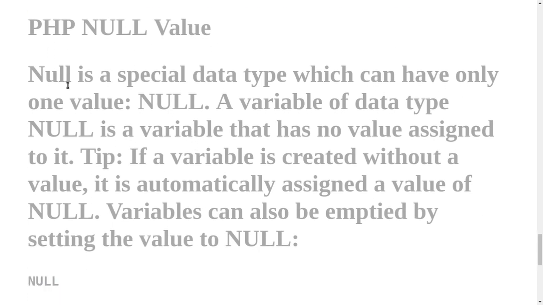PHP null value. Null is a special data type which can have only one value: null. A variable of data type null is a variable that has no value assigned to it.